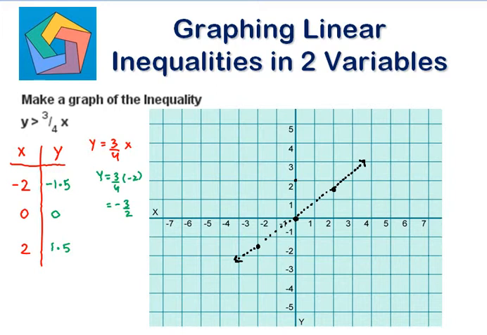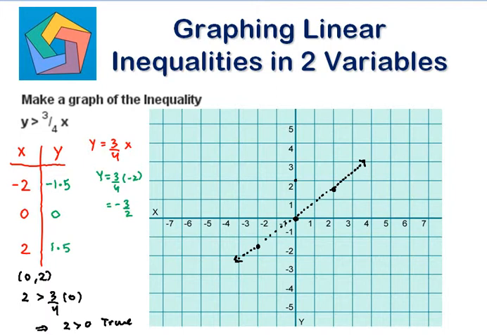I'll test this inequality on the point 0 comma 2. I'm substituting. 2 is greater than 3 by 4 times 0. This implies 2 is greater than 0, which means it's true. So the inequality holds. So we can say the inequality will hold for the region above this.